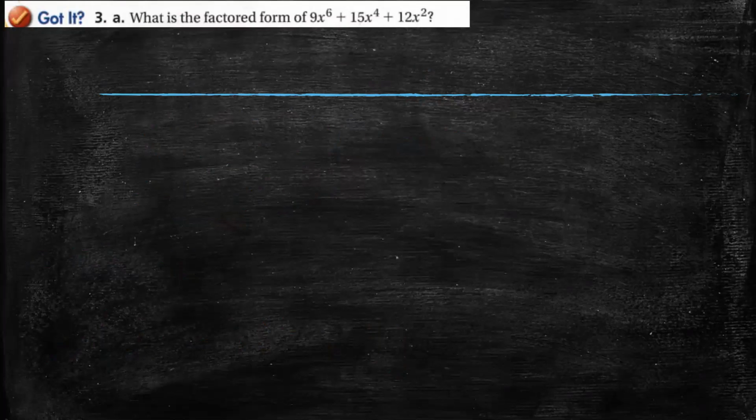We have 9x to the power 6 plus 15x to the power 4 plus 12x squared. As I told you, the first step, factorize each term. The second step, find the GCF. The third step, factor out the GCF from the expression.